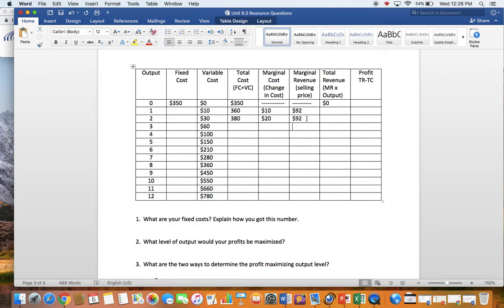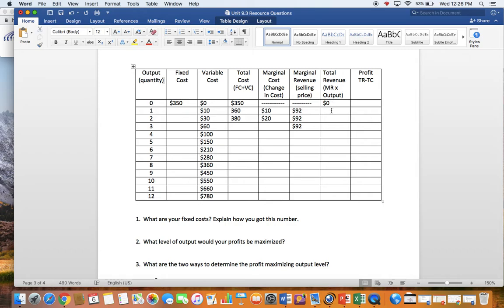If I sell a third one for $92, the additional revenue is $92. So you can bring $92 all the way down. Total revenue is your marginal revenue, or your selling price, times your output, which is also your quantity. Price times quantity gives you how much revenue you have coming in.